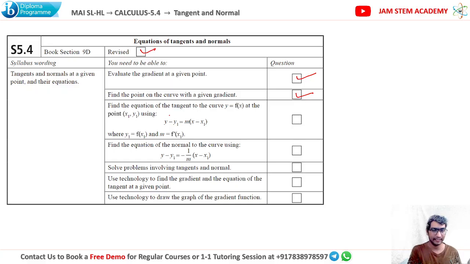The slope is given by that gradient and the point will be given to you. And hence we have seen how we can solve problems involving the tangent and normal using technology to find the slope. We can simply use the derivative at that point.